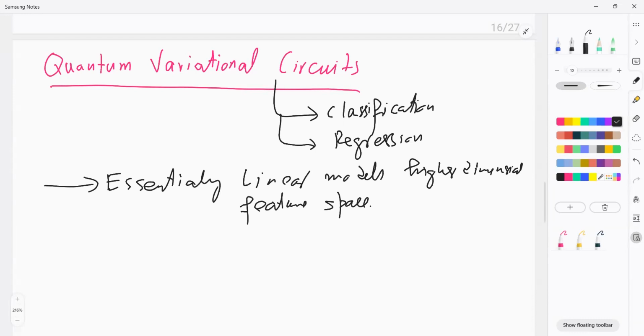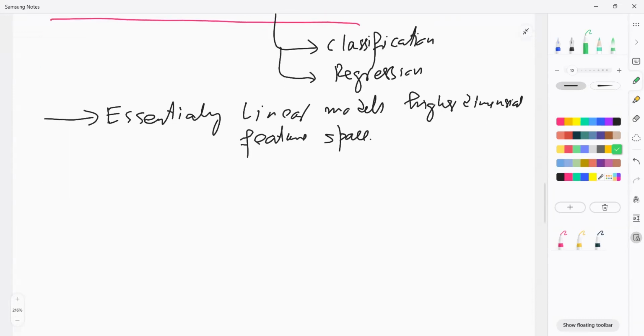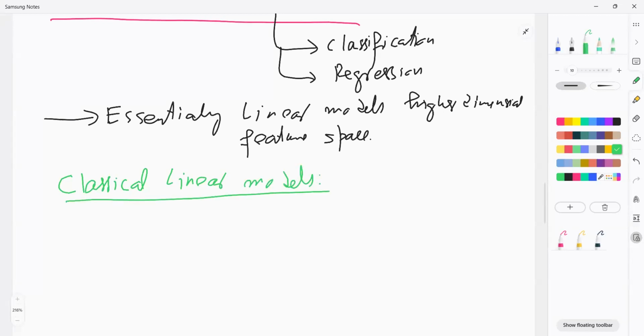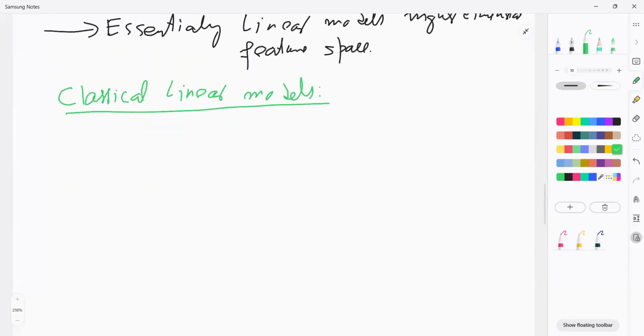Okay, but before I do that, let me take a little bit of a digression and go to classical linear models. So let me describe them for both problems. So suppose I have a classical regression problem. There's one feature and one output.